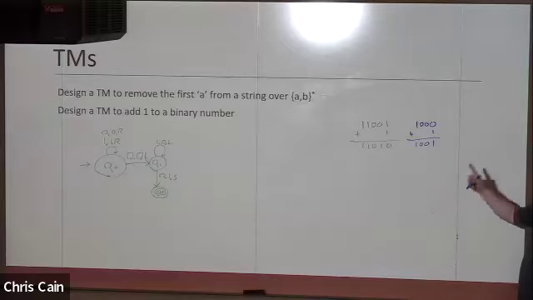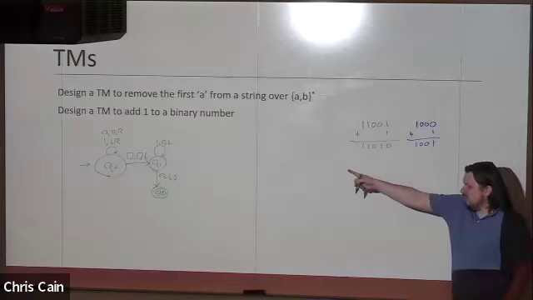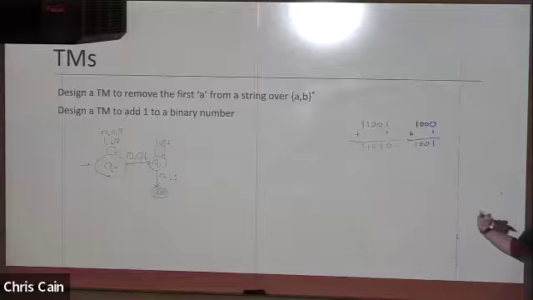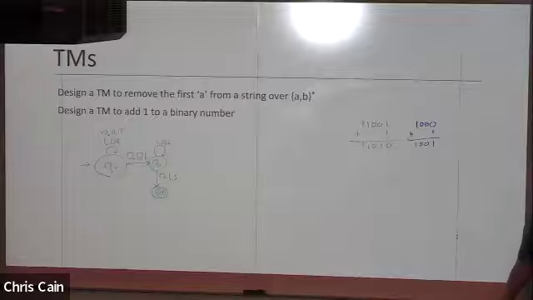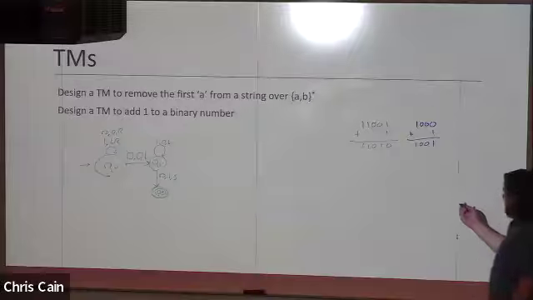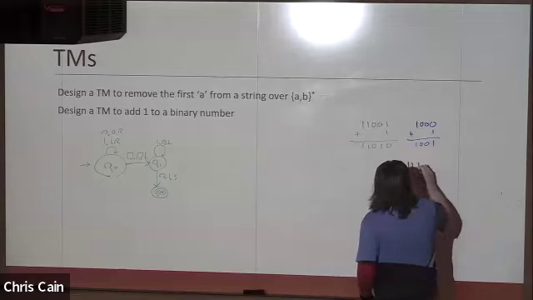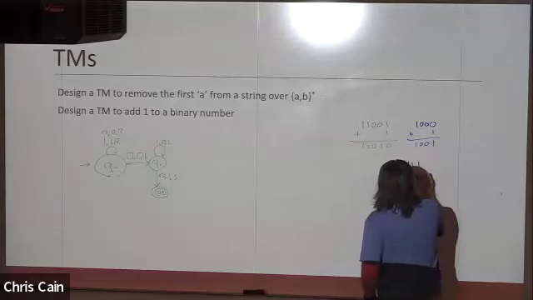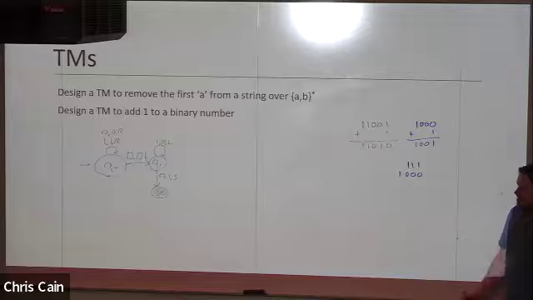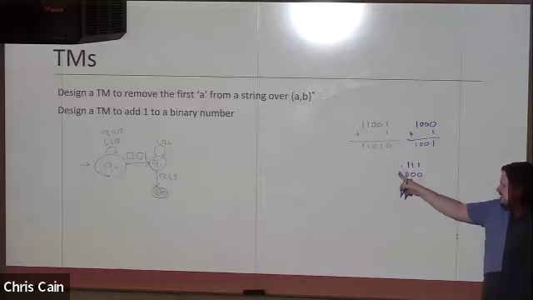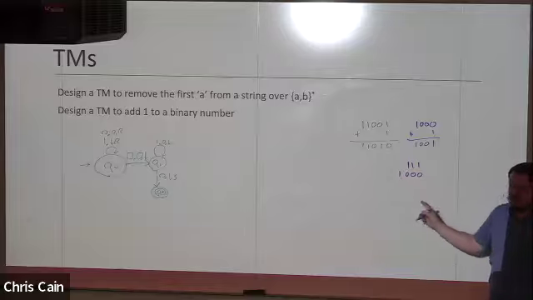So we just need to loop, looking at how many 1s this number ends with, replace them all with 0s, and then as soon as we see a 0, put a 1 there. That adds 1 in the same way that 111 is 7, and 1000 is 8. This just says every 1 becomes a 0, and the first 0 or blank becomes a 1, and that is the equivalent of adding 1 to something that ends in a bunch of 1s.